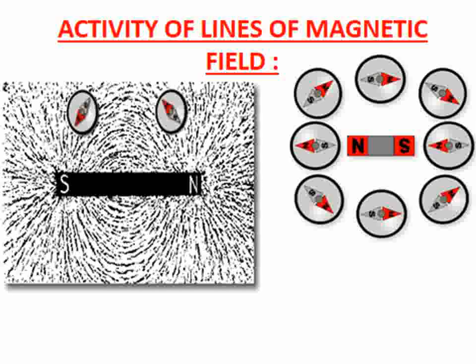As a result, the North Pole of the compass needle goes away, and with the help of a pencil, put a dot just close to the North Pole of the compass needle. Then the South Pole of the compass needle is kept on the dot and another North Pole position is pointed out with a dot. Again the South Pole of the compass needle is kept on the dot and a new dot is placed at the North Pole.